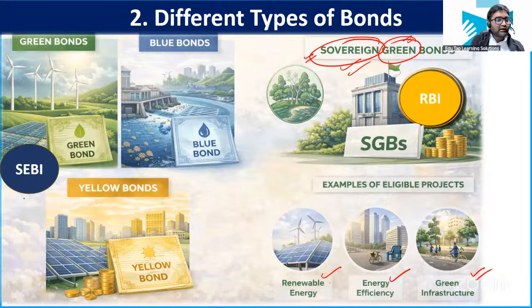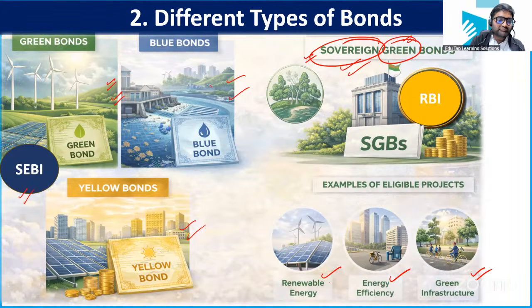SEBI also has issued different kinds of green bonds. One is called green bond, the other is blue bond, and the other is yellow bond. If we talk about the green bond, the money is invested into eco-friendly projects, vegetation, wildlife.